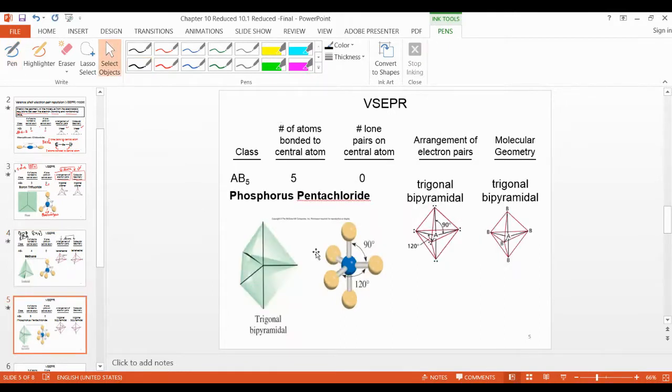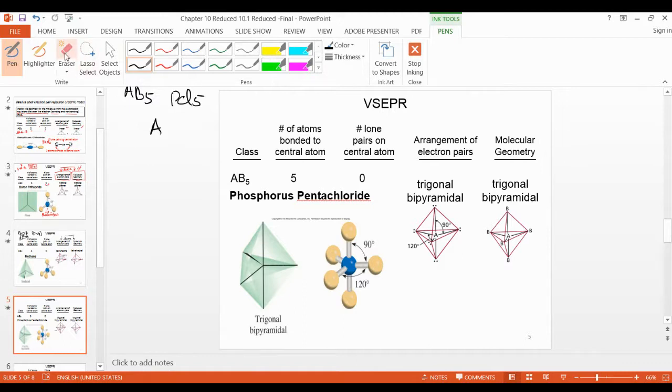Next, AB5 type. An example is phosphorus pentachloride, PCl5.